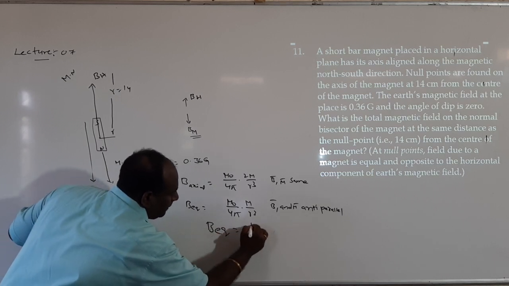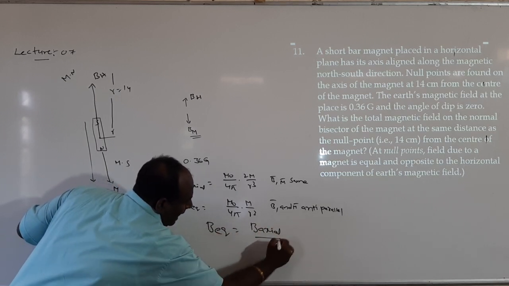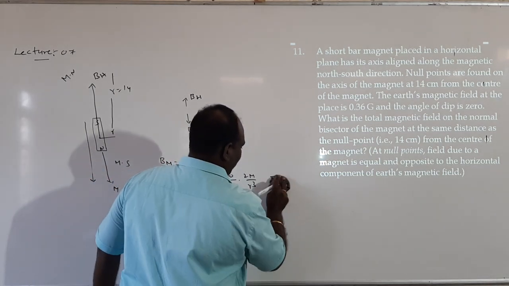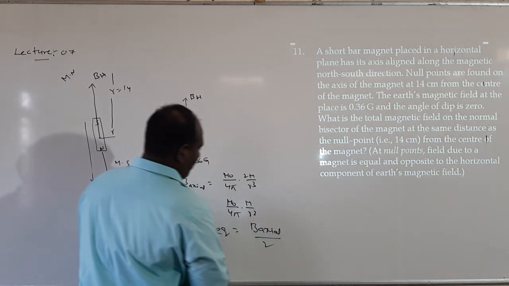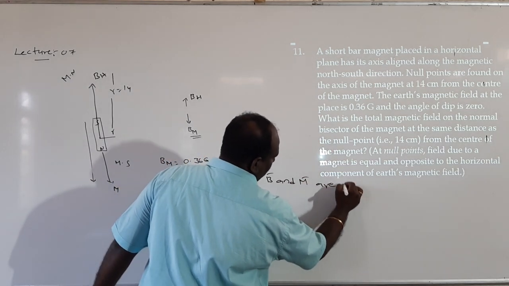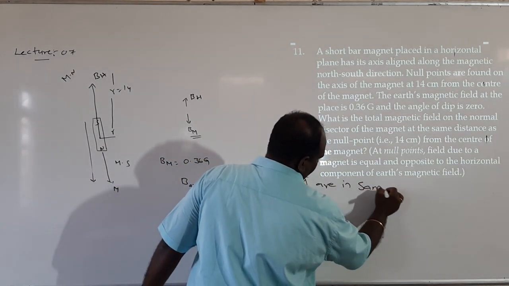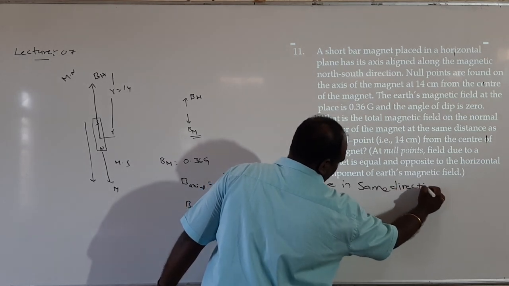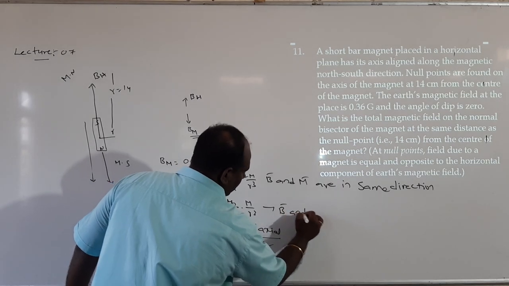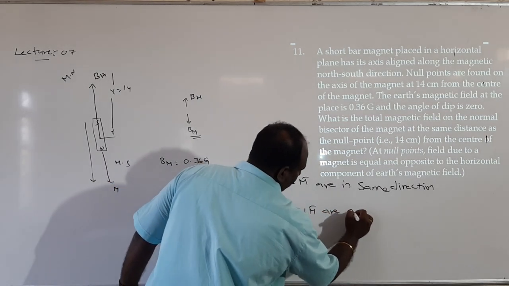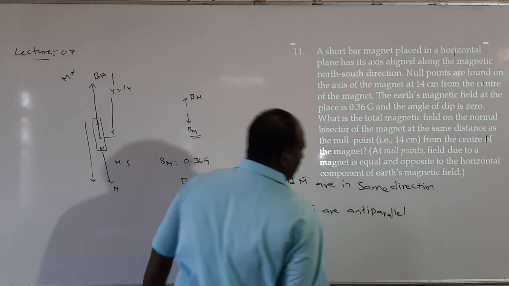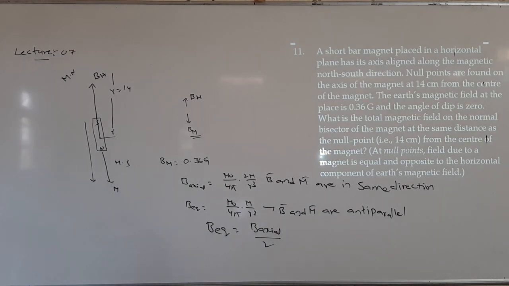B equatorial is equal to B axial by 2. This is the relation.